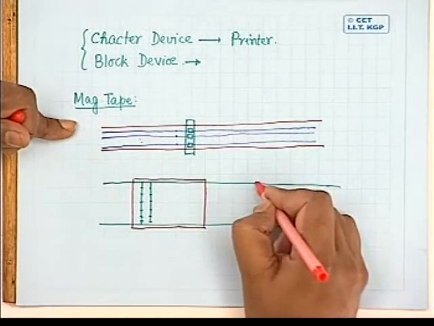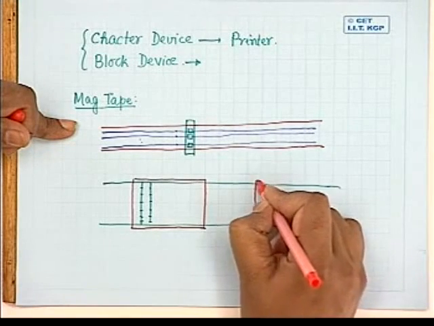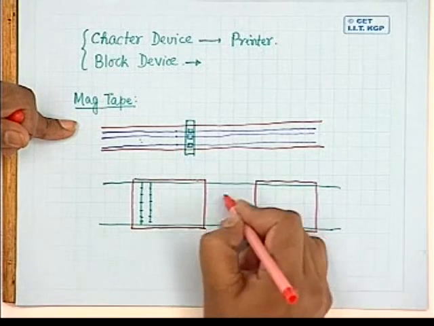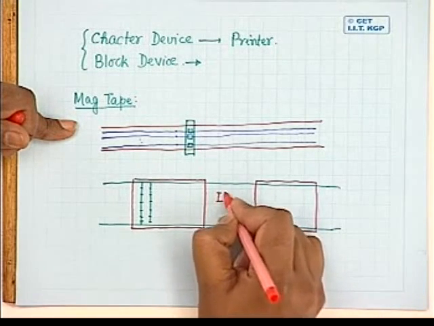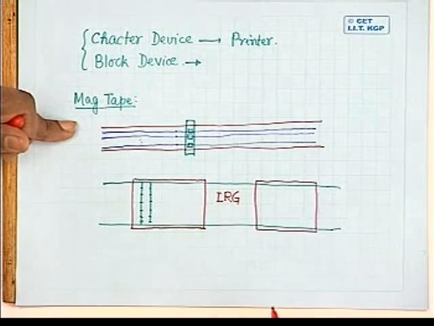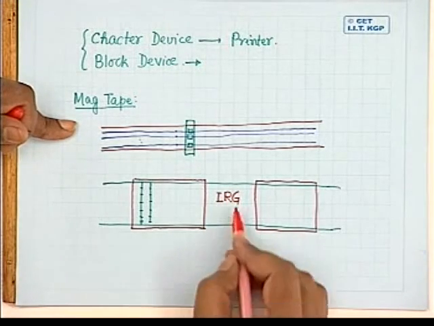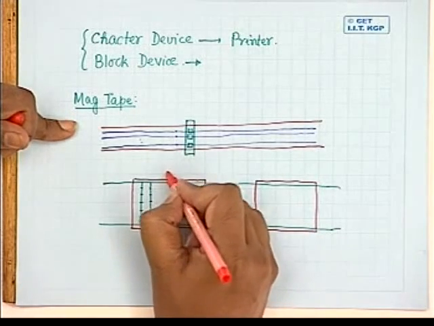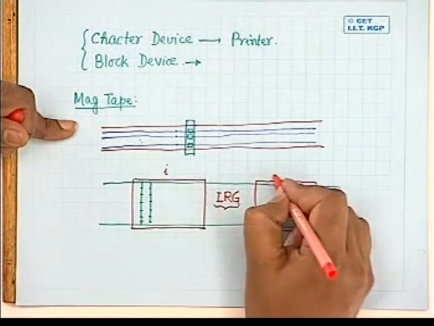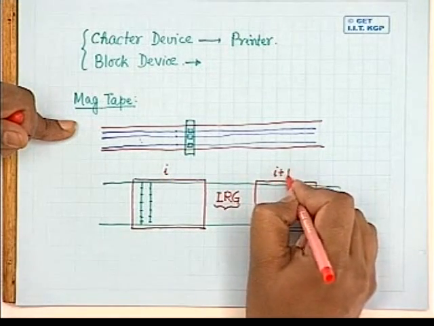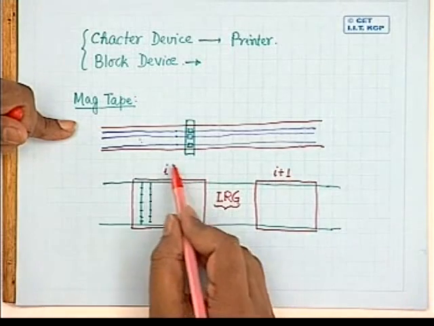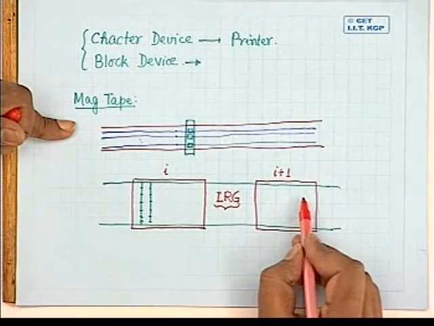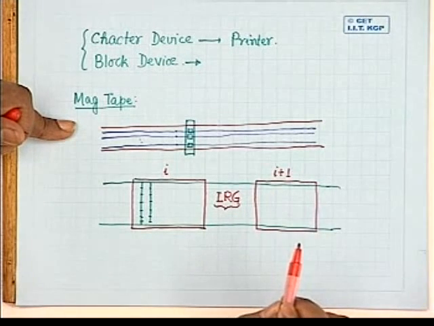Between two successive records there is a gap which is called an inter-record gap, or IRG. The purpose of maintaining this inter-record gap is this: suppose this is the ith record and this is the (i+1)th record. Currently I am reading the ith record, and the next record I want to read is the (i+1)th record.